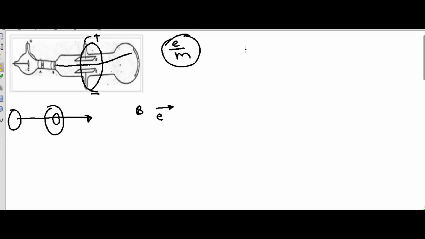We know that the magnetic force on any charged particle in motion is QVB. So QVB is the magnetic force, and it is equal and opposite to the electric force.